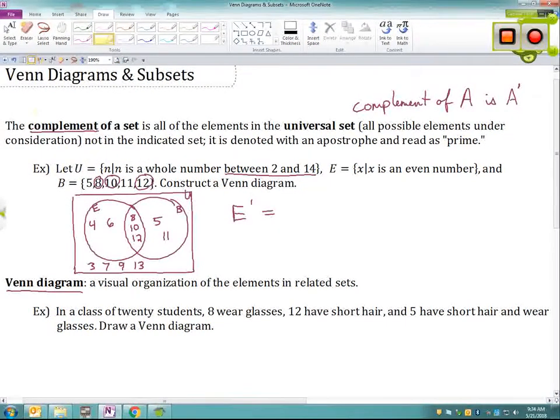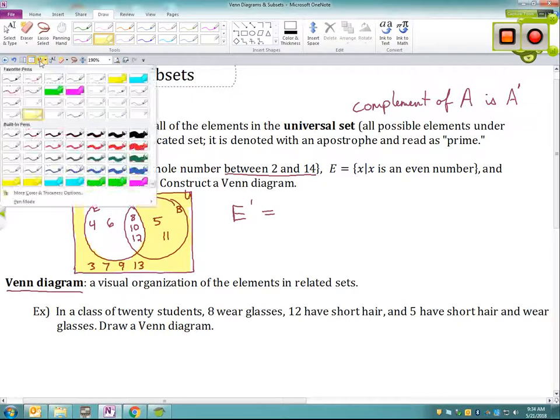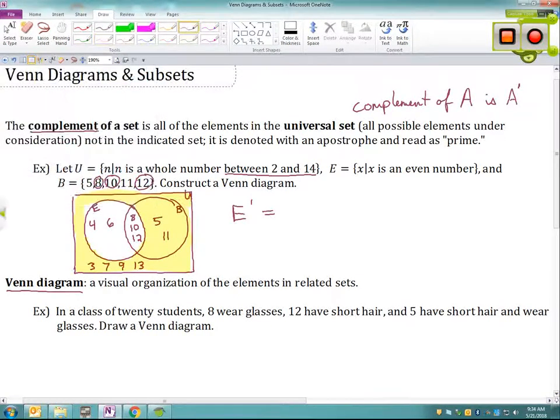This isn't a very tough one, but sometimes shading makes things easier. I'm going to shade everything inside the box that is not a part of the E bubble, which gives me this. And everything inside my shaded region is part of E prime.